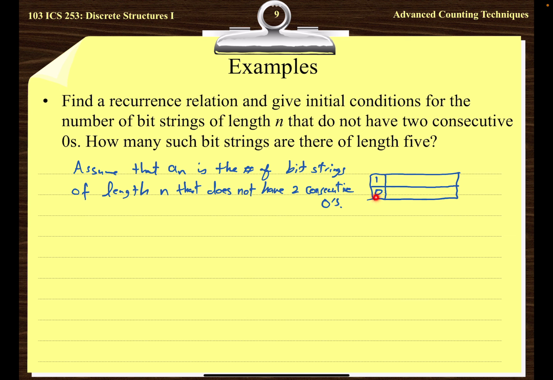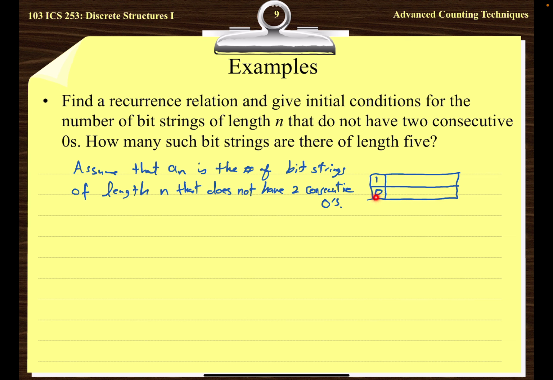How many bit strings of length n start with a 1 that do not have two consecutive zeros? Every other bit string. Remember, what did I define an? Number of bit strings of length n that do not have two consecutive zeros. Yes. Okay.